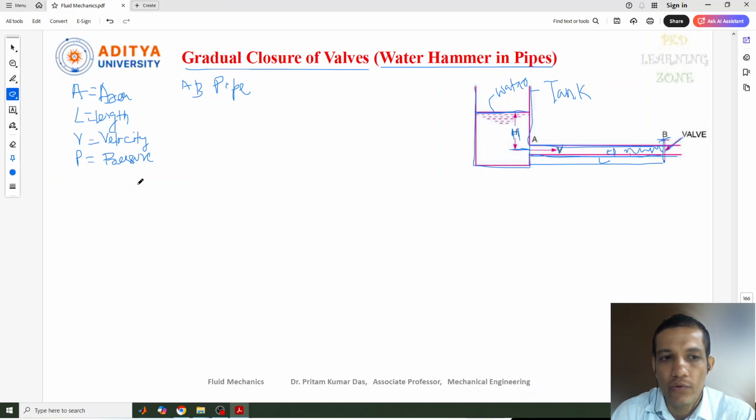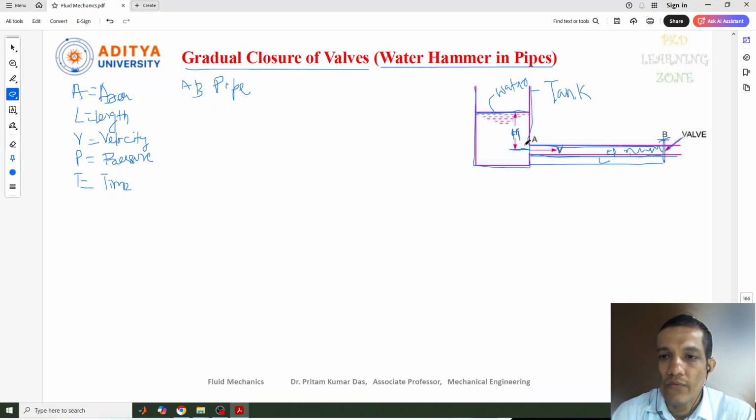So P is the intensity of pressure when the wave is produced. And one more terminology, T, is the time in seconds required to close the valve. That means how much time you are taking to close the valve.